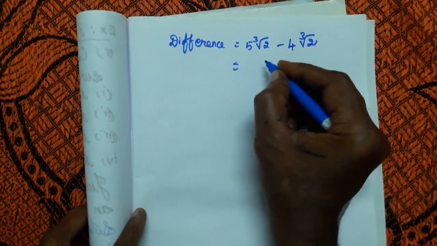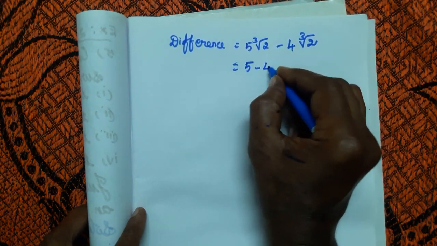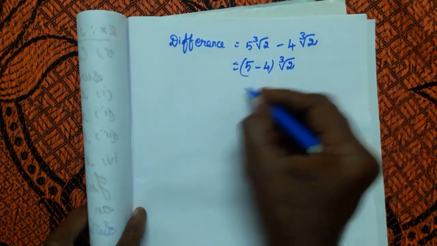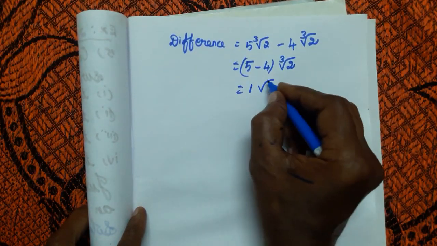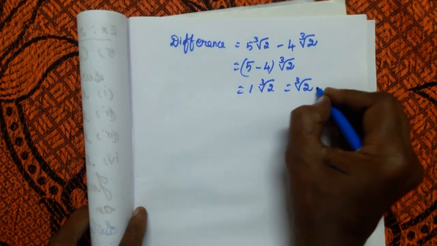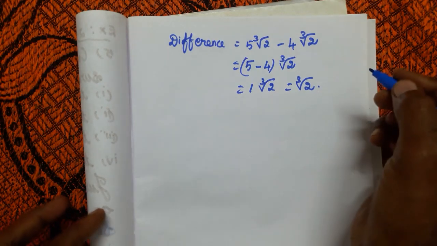Here the coefficient is 5, here the coefficient is 4. 5 minus 4 into cube root of 2. 5 minus 4 is 1, so 1 cube root of 2, which is equal to cube root of 2. Here it is a pure Z.